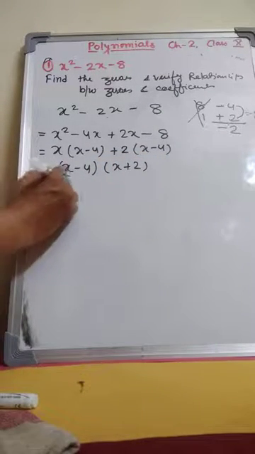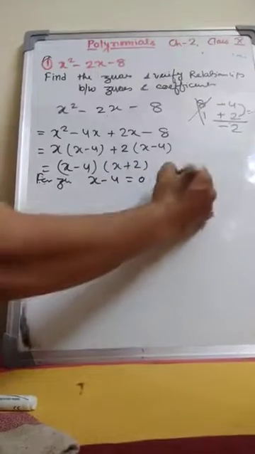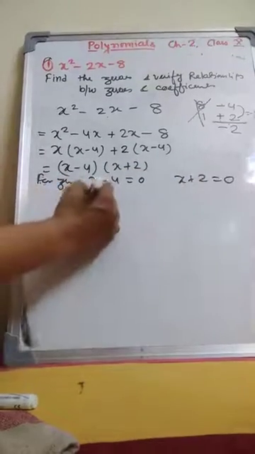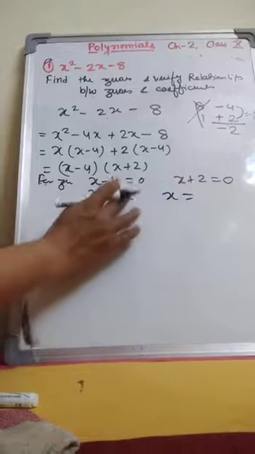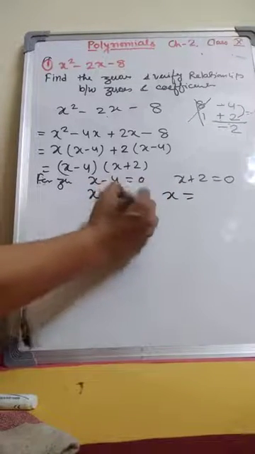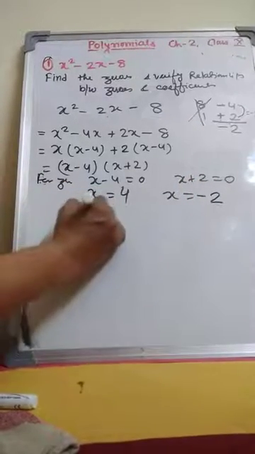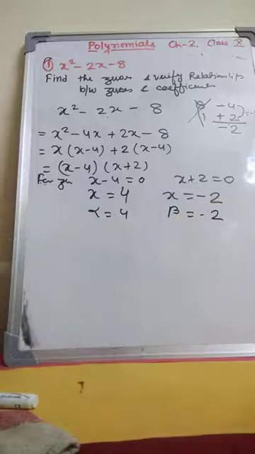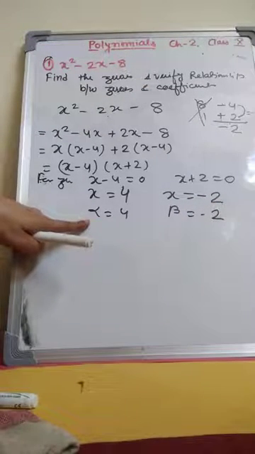For zeros, x minus 4 is equal to 0 and x plus 2 is equal to 0. So x is equal to 4 and x is equal to minus 2. Here alpha is 4 and beta is minus 2. This is the first step: find the zeros.